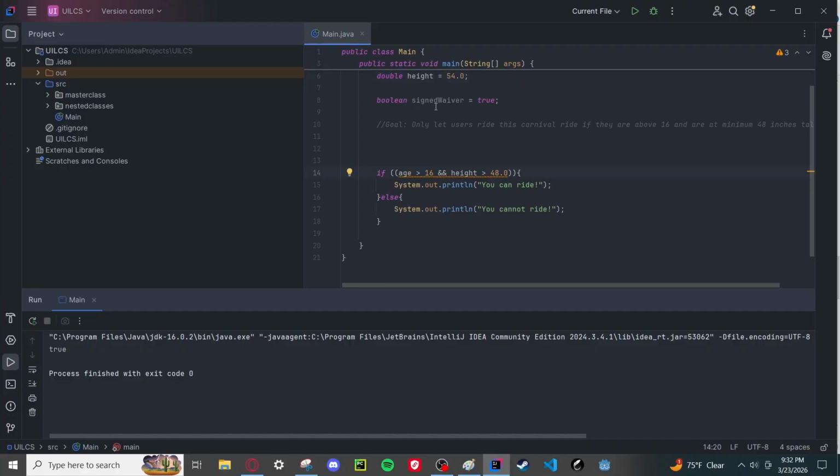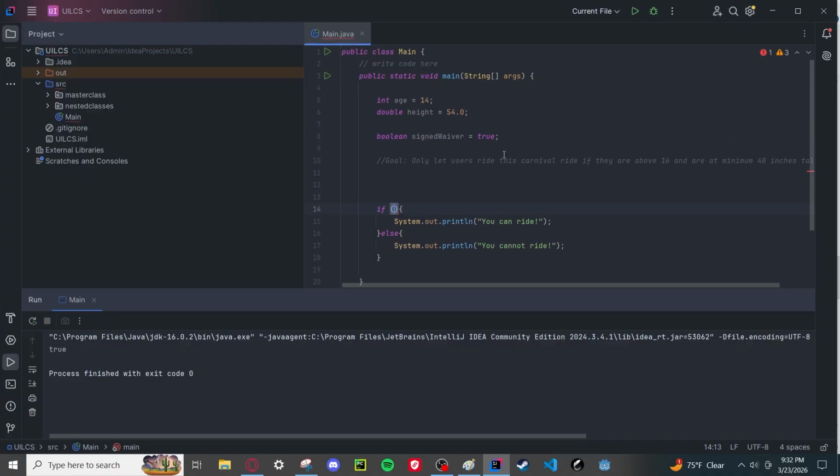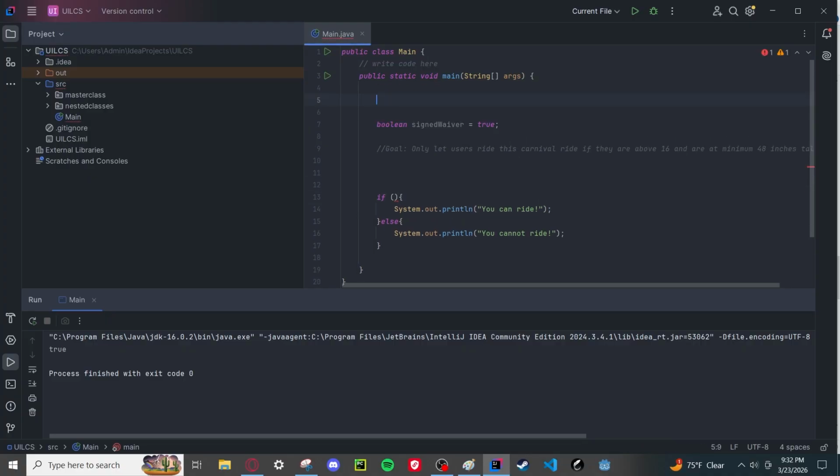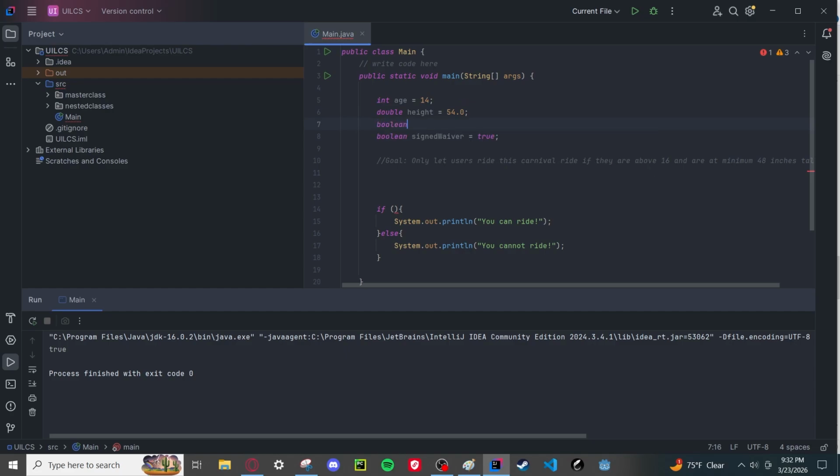So in the context of our previous example, let me loop back to the code. Let's say we had this variable called signed waiver. And I'll take all this information and just dump it into another Boolean. So Boolean is eligible, I'm going to store all this stuff. And then we can say you're able to ride if you're eligible, which means you meet these conditions, or you signed the waiver.